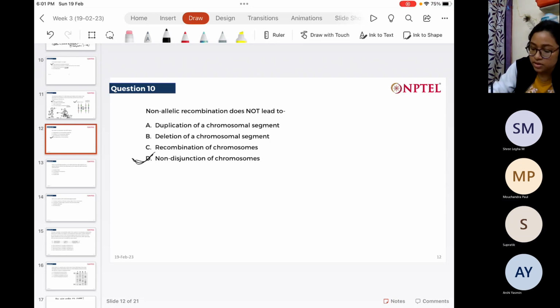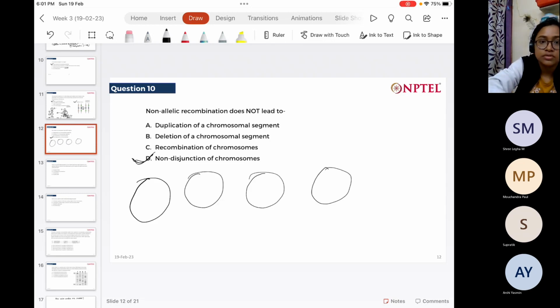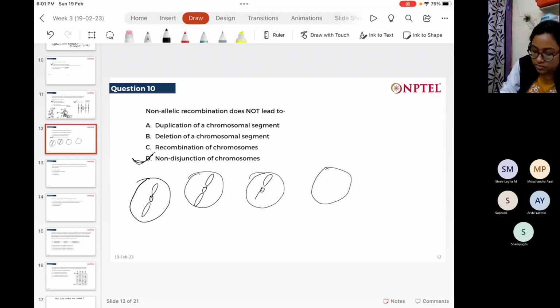Okay, so non-disjunction, as I told you, at the end of meiosis 2, in normal cases, each cell will have one sister chromatid because of which they are all haploid, right? Now if non-disjunction is happening, then it might be possible that this sister chromatid didn't separate towards the two poles during anaphase, because of which one daughter cell is formed that lacks one whole chromosome.